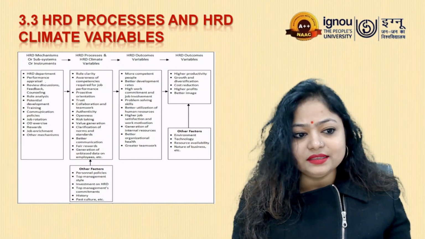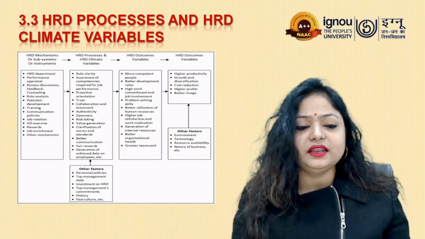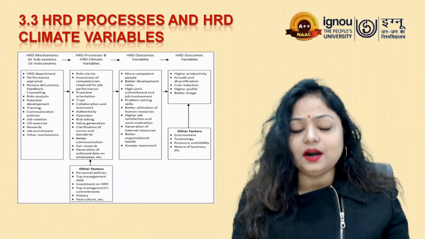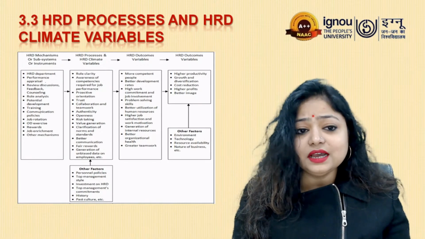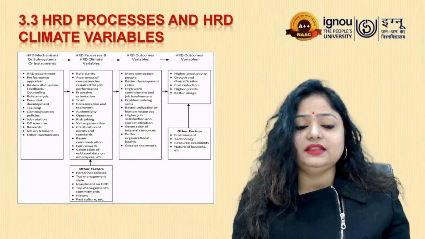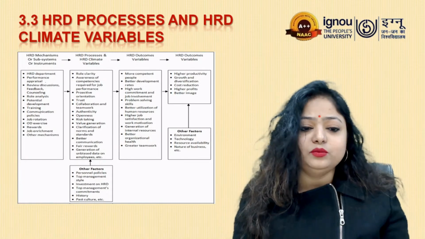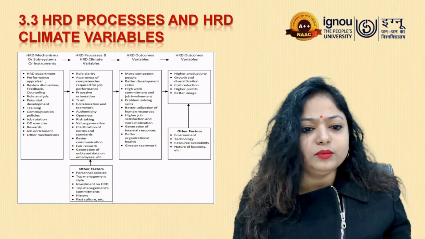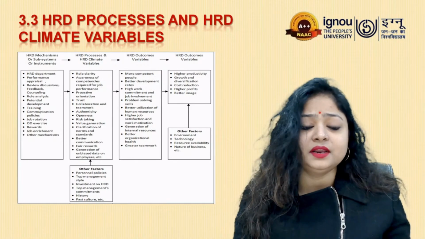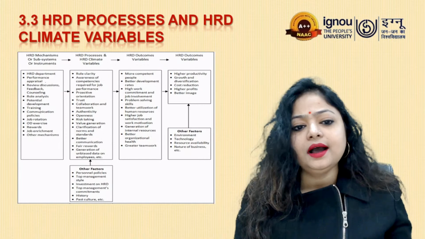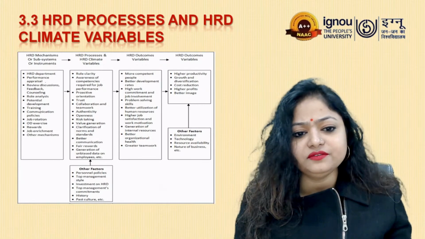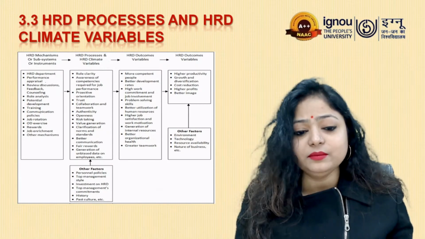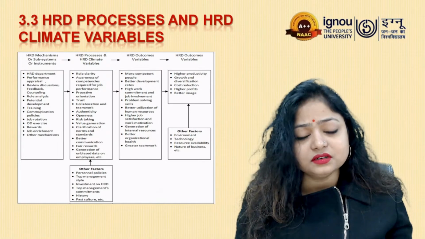The mechanisms are there to facilitate the implementation of process, and when the process is implemented, we get certain outcomes. Okay, now these are the outcome variables written in the third box, which are more competent people, better development rates, high work commitment, high job involvement, problem solving skills of our employees, better utilization of human resources, higher job satisfaction, generation of internal resources, better organization health, better organizational climate, then great teamwork.